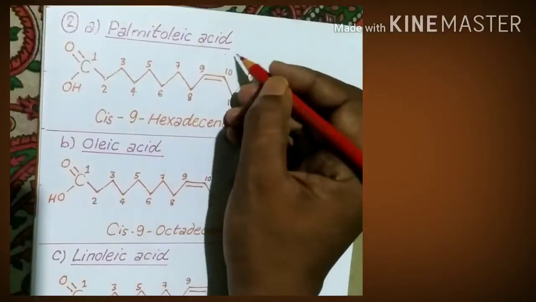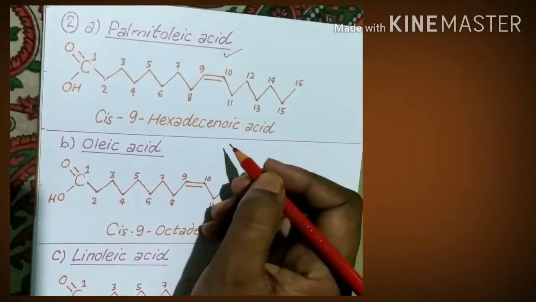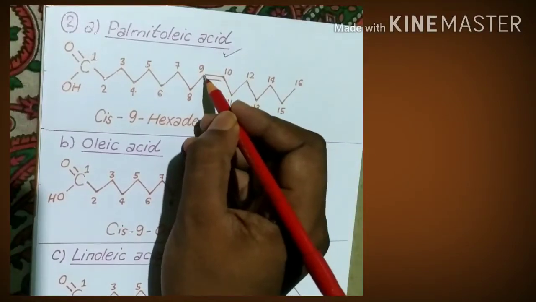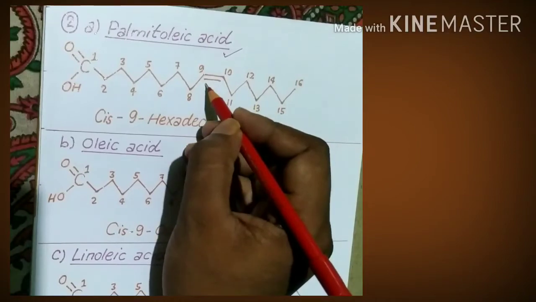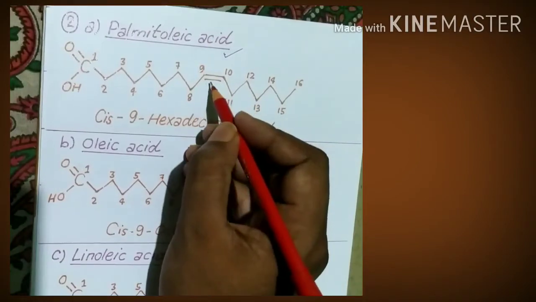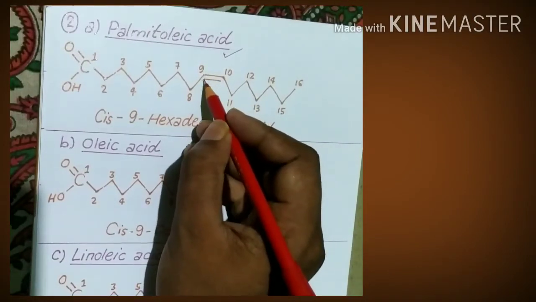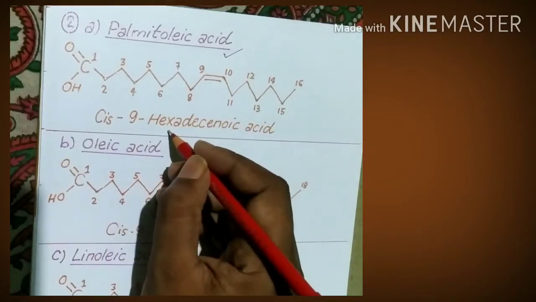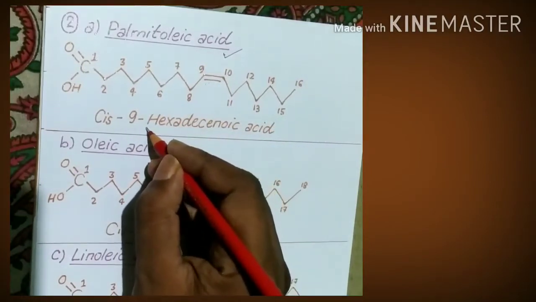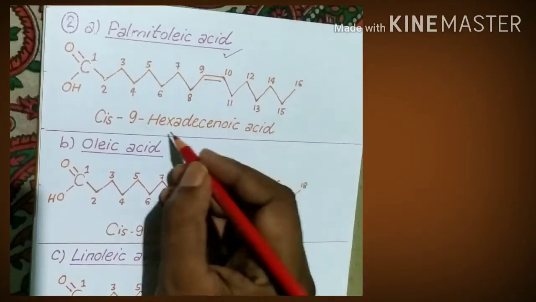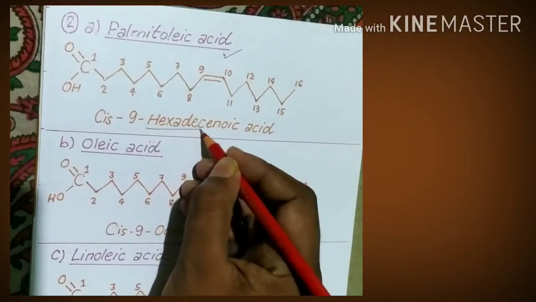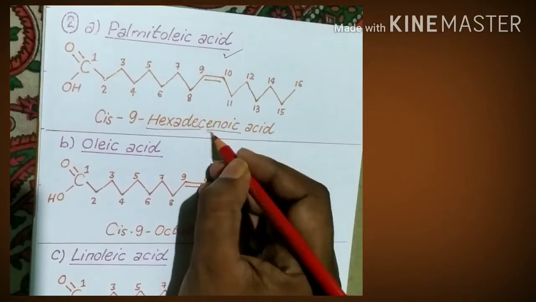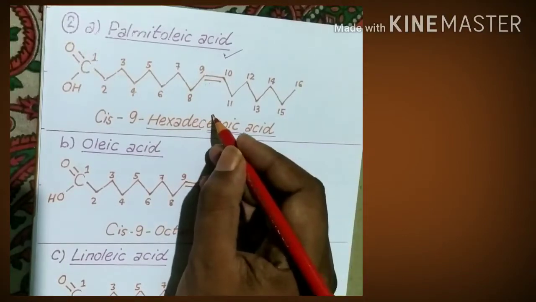Palmitoleic acid. It is an unsaturated fatty acid. Here a carbon-carbon double bond is present, and the double bond is present between the 9th and 10th carbon. So this has 16 carbon atoms, hexadecenoic acid.